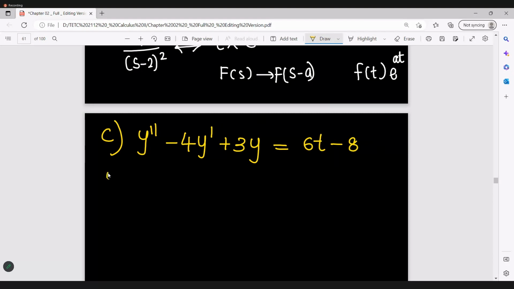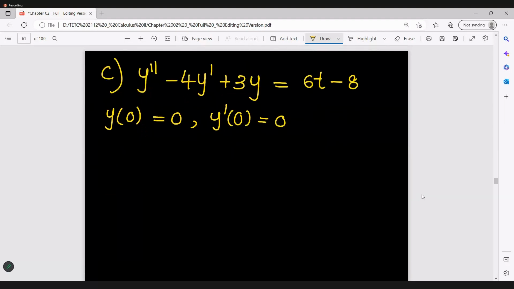The initial conditions were given: y0 is equal to 0 and y dash 0 is also equal to 0. So here also, the first thing we need to do is define the Laplace transform of the answer as capital Y of s. Then we need to take the Laplace transform of both sides of this differential equation.